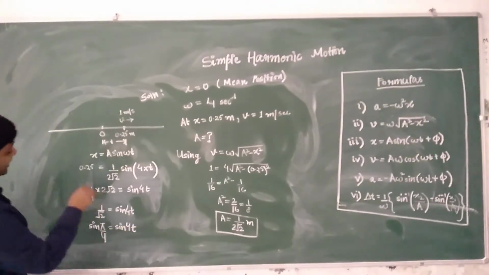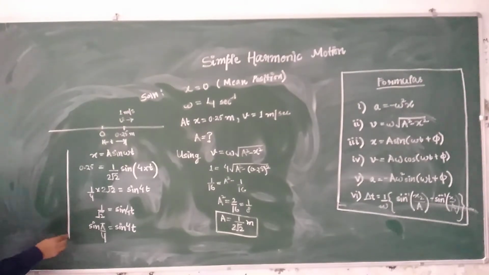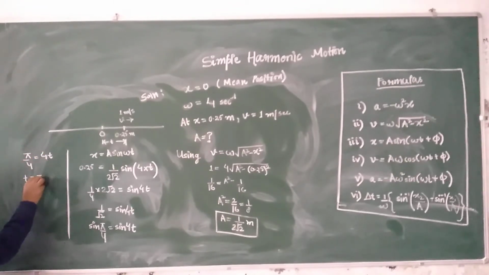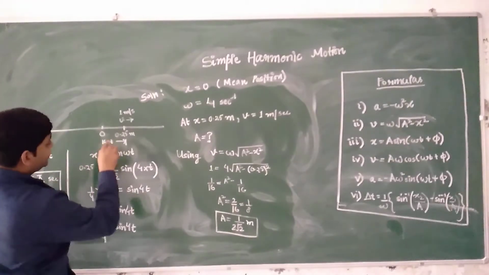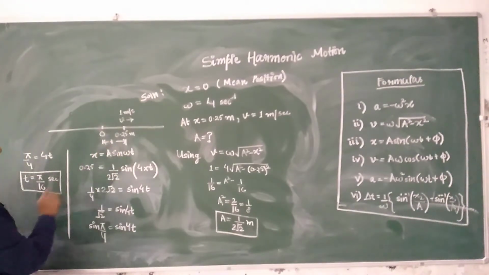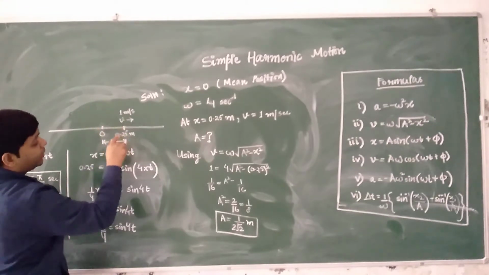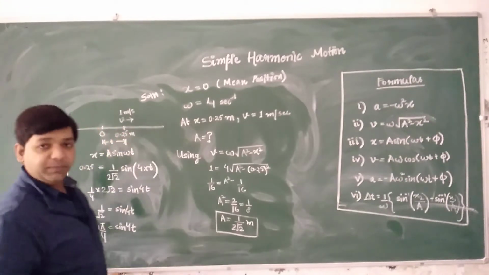Now on comparing these two equations, we will have pi by 4 is equal to 4t. So from here the value of t comes out to be pi by 16 second. What does it mean? It means that the particle takes pi upon 16 second to reach from its mean position to x coordinate 0.25 meter.